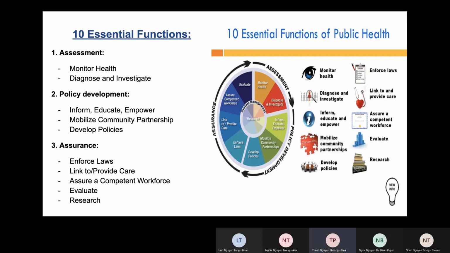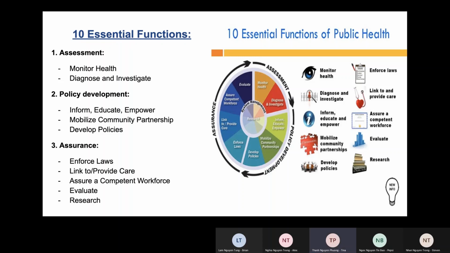Under the last core function, we have number 6, enforce laws and regulations that protect environmental health and ensure safety. Number 7 is to link people to needed environmental health services and ensure the provision of environmental health services when otherwise unavailable.